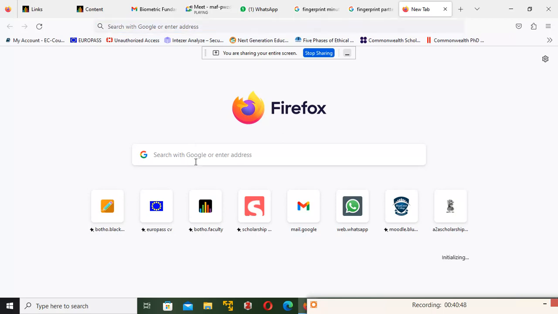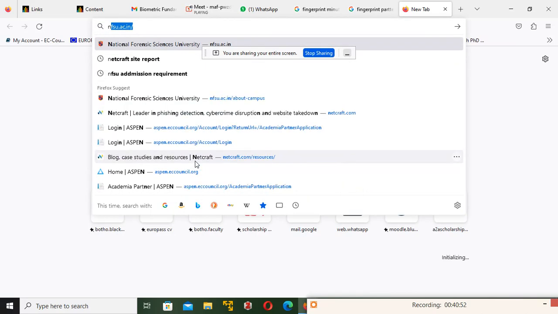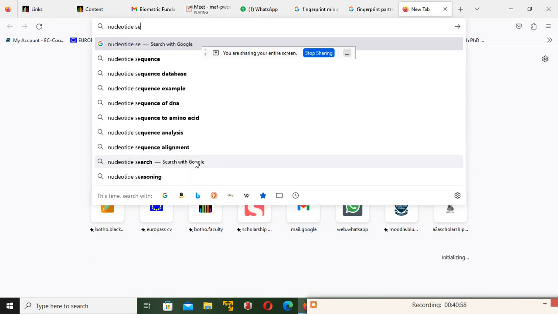Let me show you guys nucleotide sequence. Okay, nucleotide sequence database.